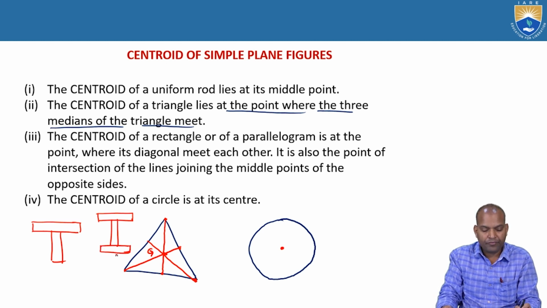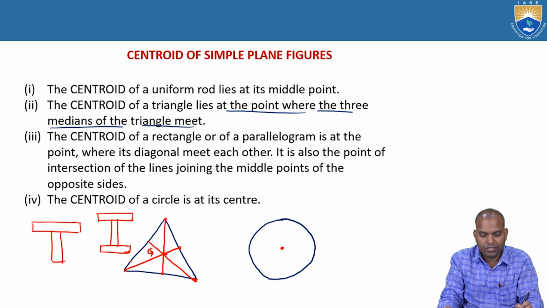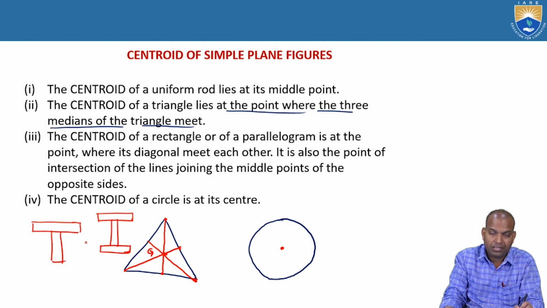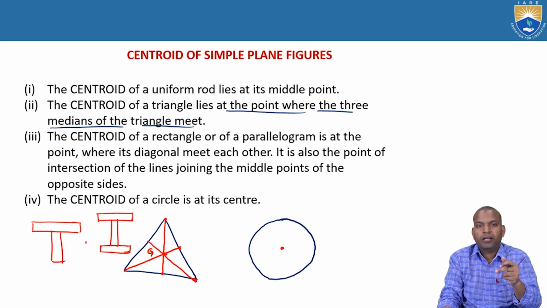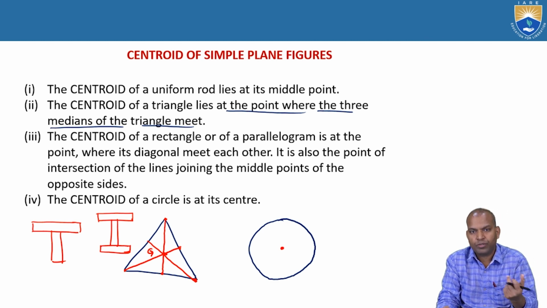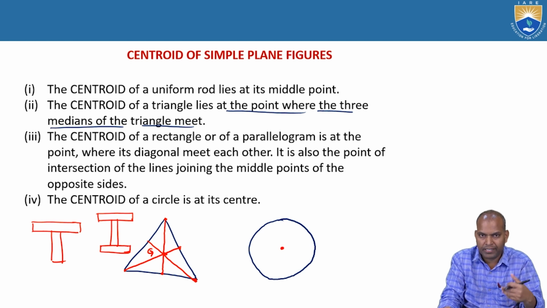In order to maintain, we have to find out the centroids of this type of I section and T section. Then, when a new force is passing through it, we'll study in future in coming sessions. So that's why we have to find out the centroid or center of gravity of the figures of various sections.